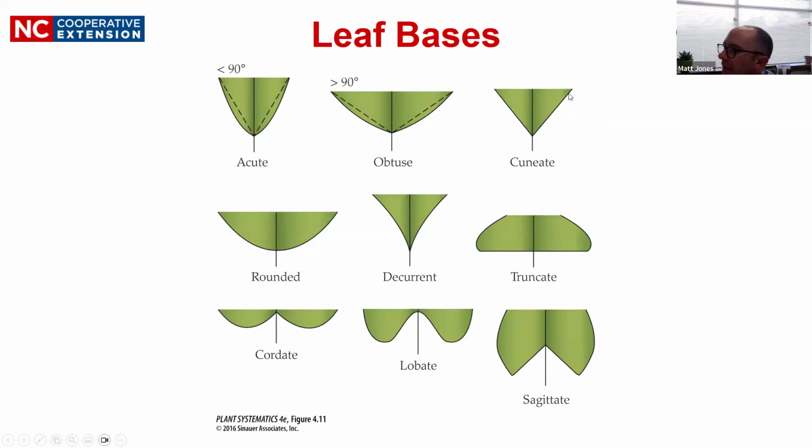And then cuneate, if it helps you remember cuneiform, the ancient Mesopotamian writing system using wedges in clay. So cuneate means wedge shaped. I should have another image, but it's more clearly narrower than you would see in an acute angle.